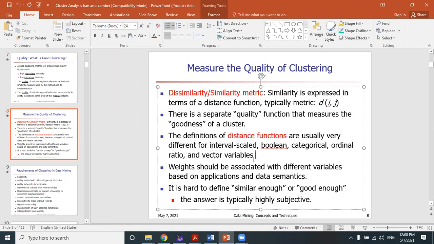In future, while handling real life data, you will face not only numerical data, since interval-scaled data is also numerical, but also categorical data, ordinal data, Boolean data, and vector data.